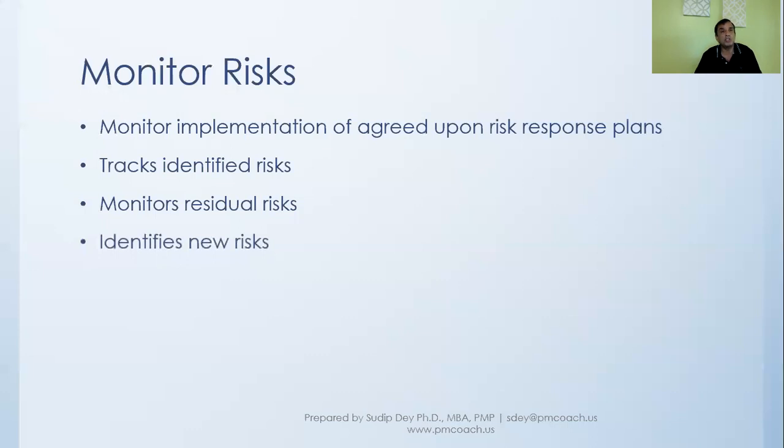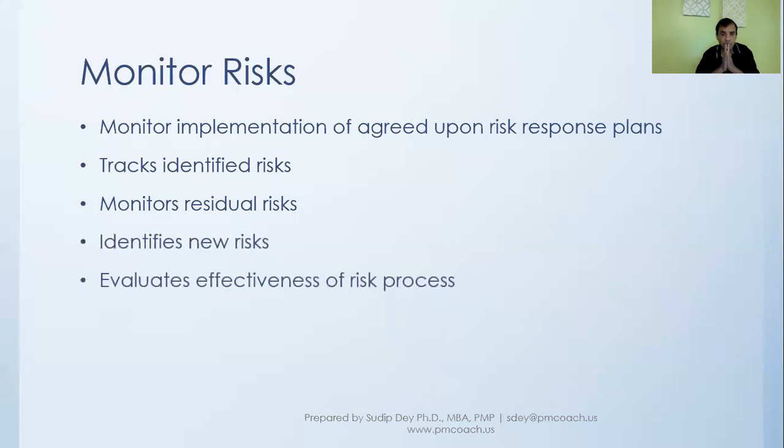And a new risk can come up anytime, because the environment keeps on changing, internal environment, external environment, and because of that, new risks can be there anytime. So as part of the monitoring process, we'll have to ensure that we are identifying new risks.